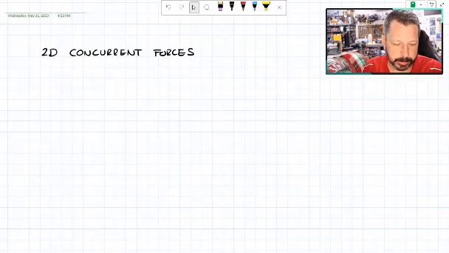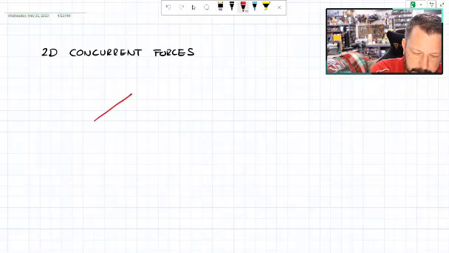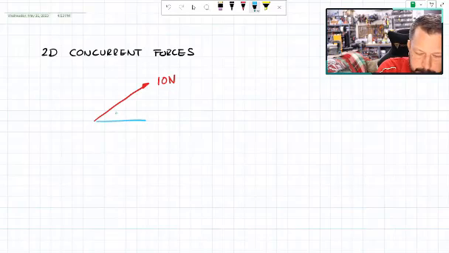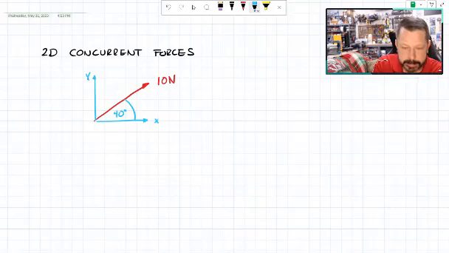So we've got a vector. It has a magnitude, we'll put 10 newtons, and it has a direction, so we'll put maybe 40 degrees from horizontal, that'll be our x-axis, there's our y-axis. So that's a vector. It has a magnitude and it has a direction. Technically, it has one other thing too: a point of application.